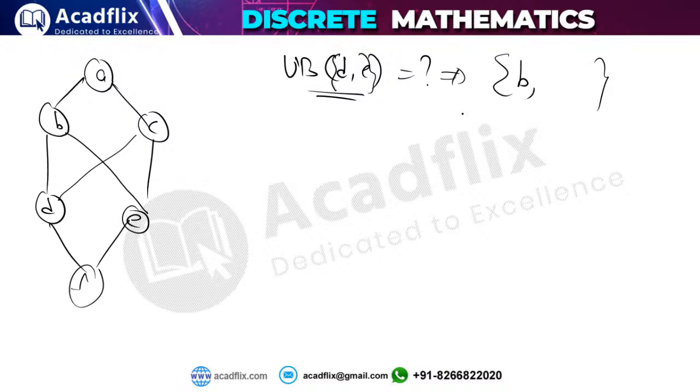B will be in the upper bound because both D comma E are related to B. C will be in the upper bound because both are related to C. A will be in the upper bound because both are related to A. So this will be your upper bound. Now tell me what is the least upper bound of D comma E.